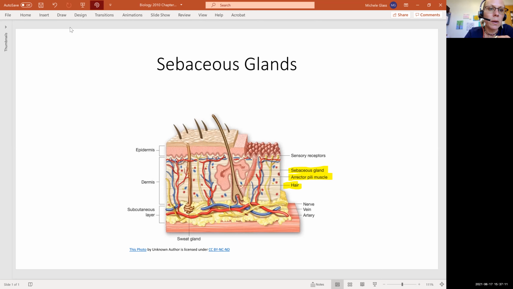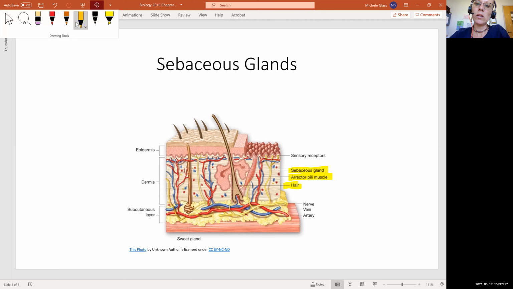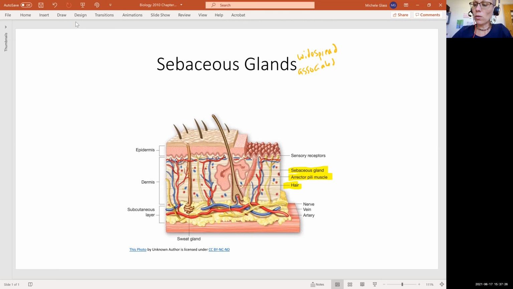Okay, so let's make just a few notes about our sebaceous glands. So these are going to be widespread across the body. They're mostly associated with hair follicles.